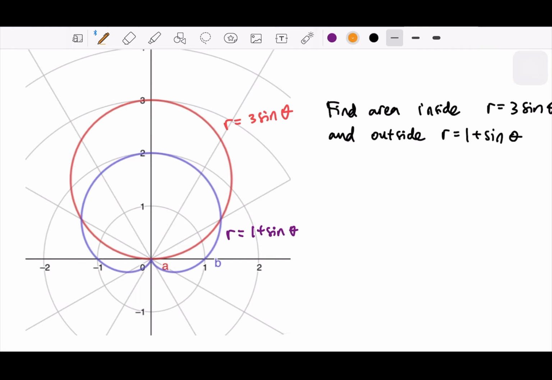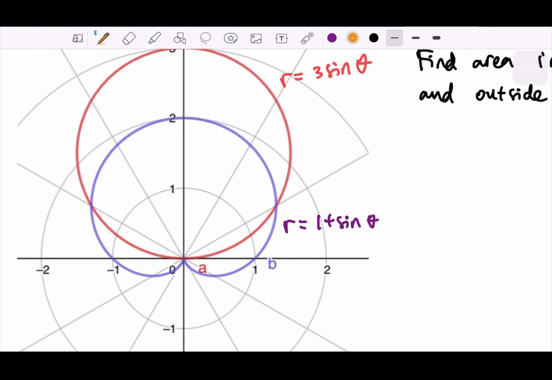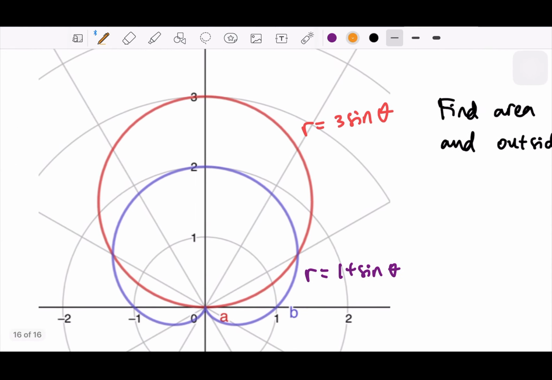So here's the example, and the area will be inside the circle but outside the cardioid, so it will be here.